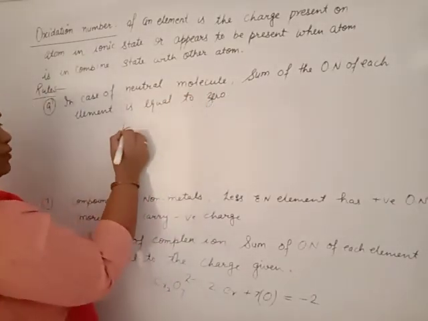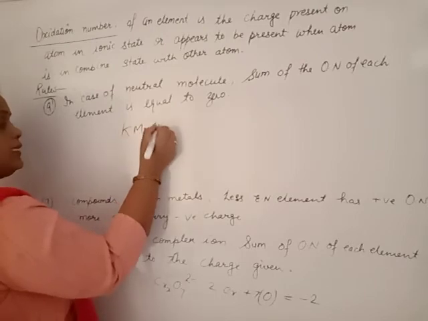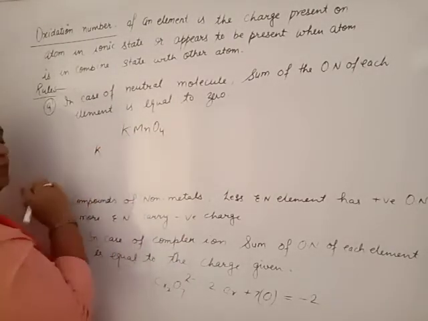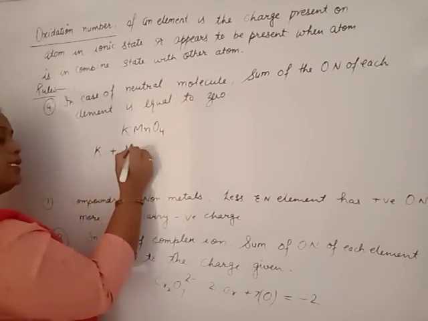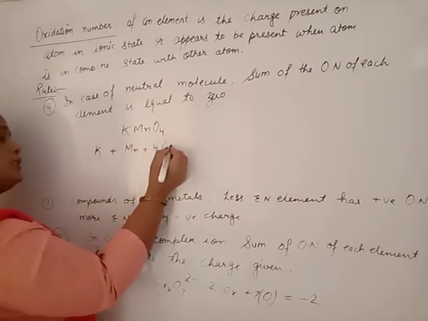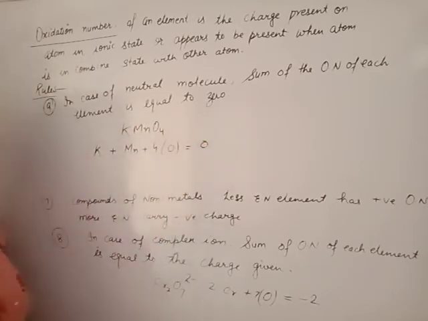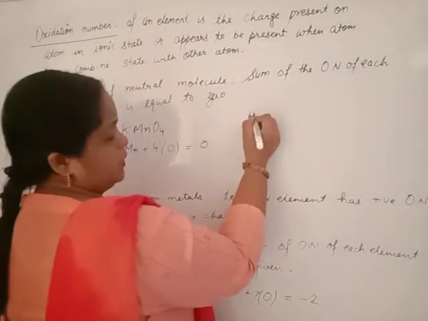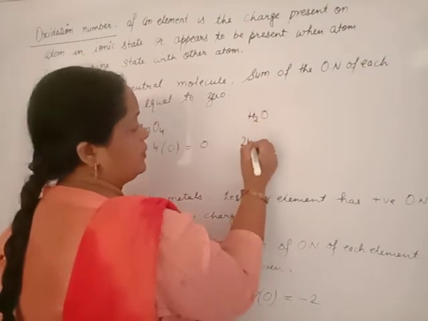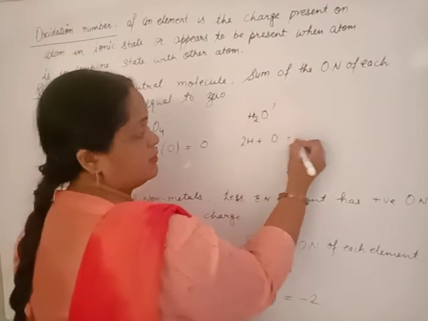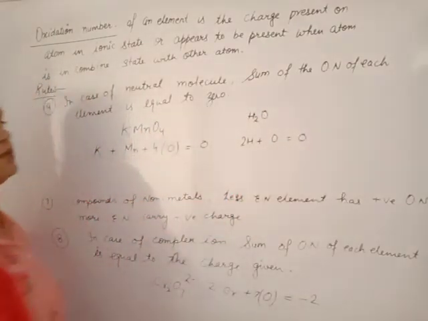For example, KMnO4. Beta, it is a neutral molecule. It is made up of the elements potassium, manganese and 4 oxygen, but there is no charge. Simple water molecule, 2 hydrogen, 1 oxygen, but there is no charge. Oxidation number 0.